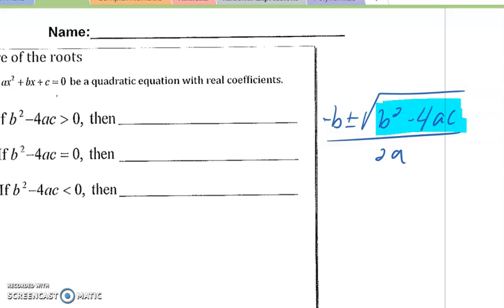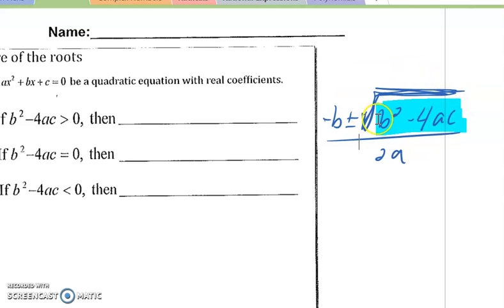And we already have been talking about why it's important. We know that if inside this is positive, we know the calculator's going to give us an answer, or we can simplify it ourselves, or we can break it down.